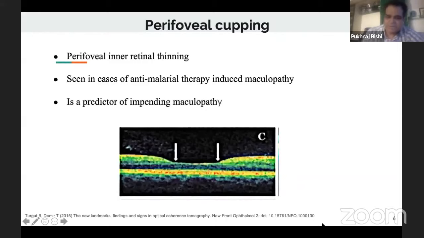So the simple ones, we are very familiar with the flying saucer sign. Something similar to that is the perifoveal inner retinal thinning with hydroxychloroquine, and this is a marker of impending maculopathy.